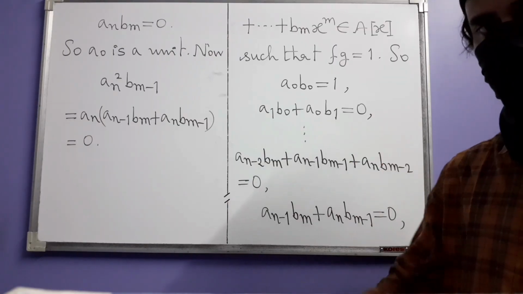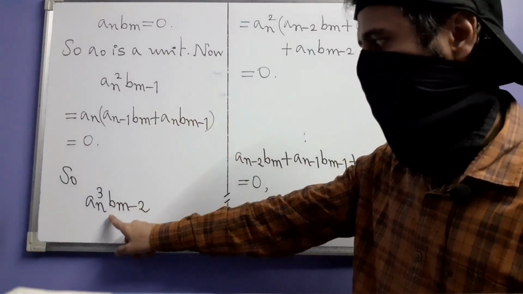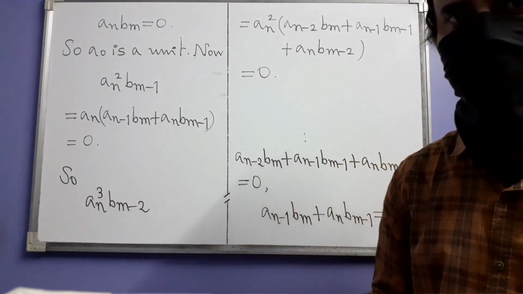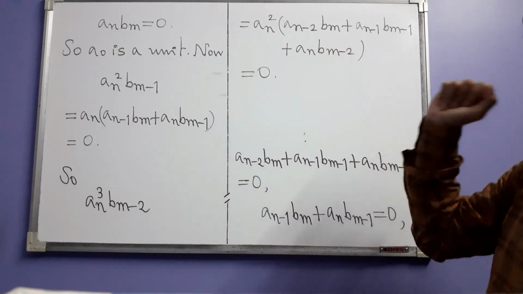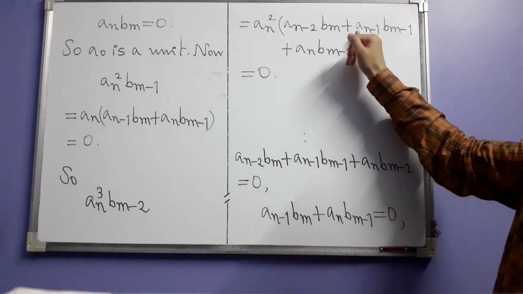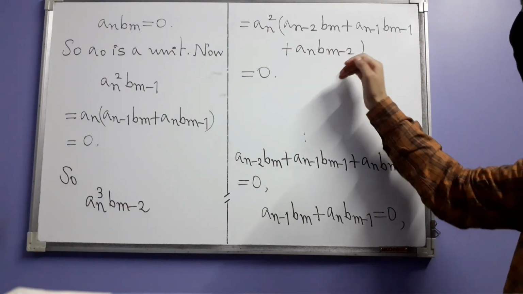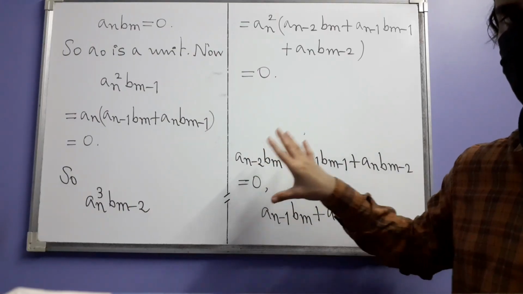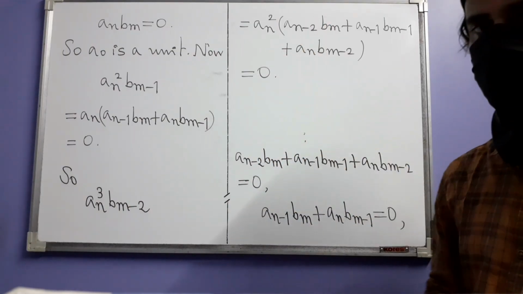Now we will do more calculations like this. The next such element to be considered is this, an cubed times b(m-2) this time, and in its place we have written this, an squared times (a(n-2) bm + a(n-1) b(m-1) + an b(m-2)), which you can see is the left hand side of this equation. That's why I kept this part, I did not erase it. But how is this true?